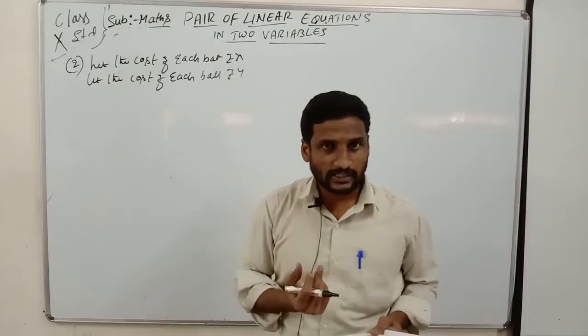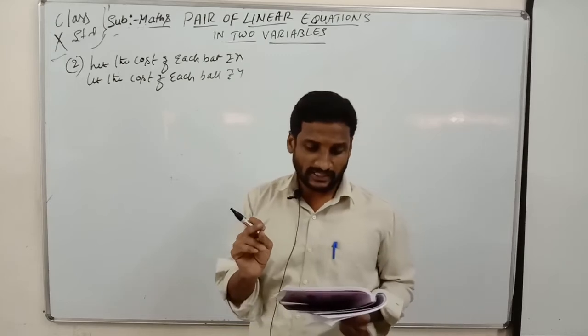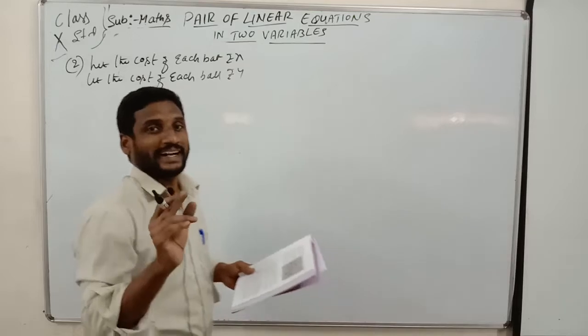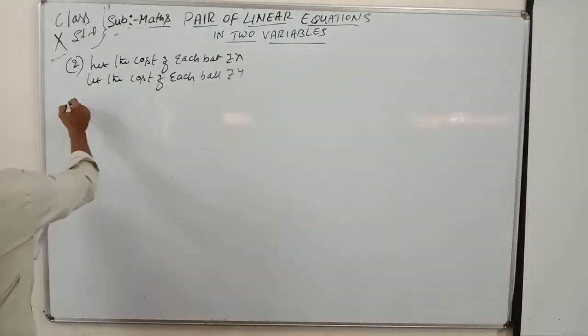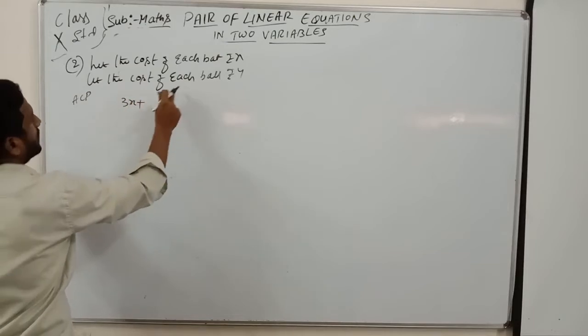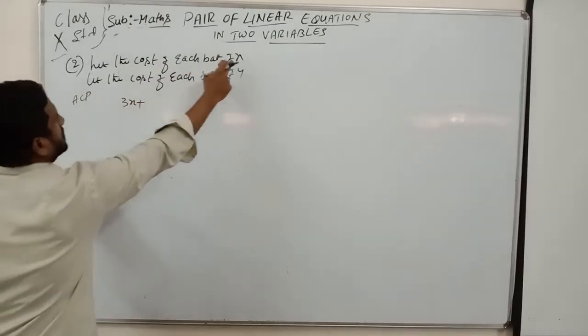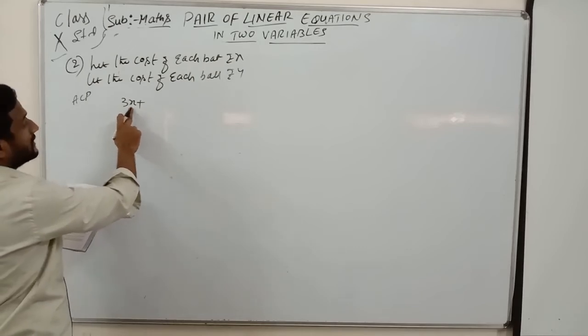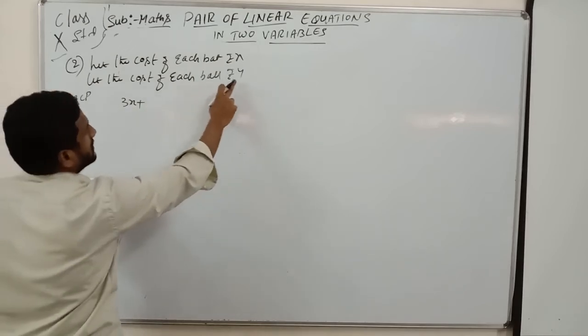So together means what here? Both costs, so you should add them. According to the problem, one bat costs rupees x. The coach is buying 3 bats, therefore 3 into x, plus 1 ball costs rupees y.